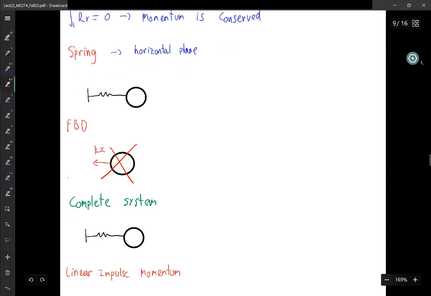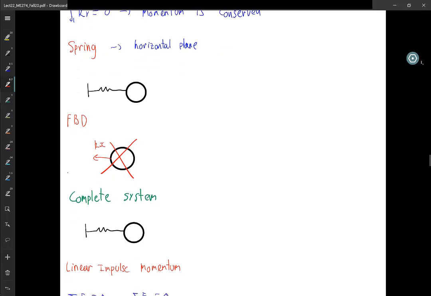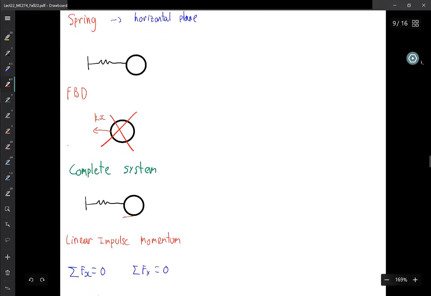But if you take the system as a whole, what happens with your spring force? It's an internal force. So internal forces, if we deal with them that way, with springs we can also get rid of them and it conserves the momentum, as we did with the cart.